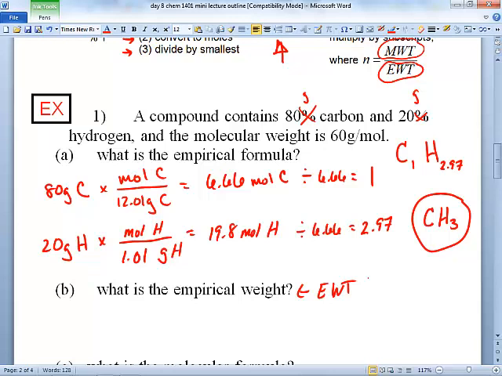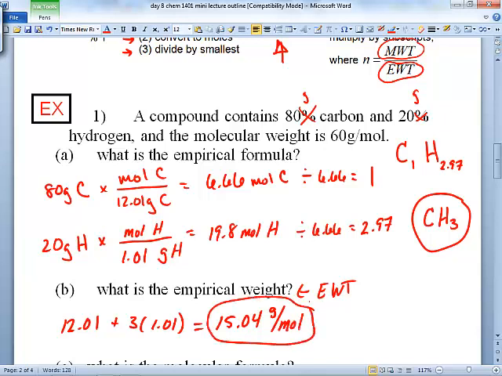So we would add up how many carbons? 1. And how many hydrogens? 3. So carbon was 12.01 plus 3 times 1.01. And we would get... It's sad I have to do that on my calculator. 15.04. At least it slows me down, I guess. Okay. There is our empirical weight.